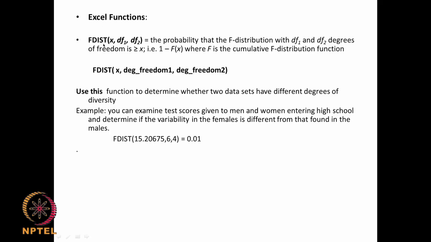Now, F.DIST gives you the probability, where here I put in the ratio. If I put in the F ratio, and give the degrees of freedom for numerator and denominator, it calculates the probability. So, we have both functions available in Excel, so we can make use of them.